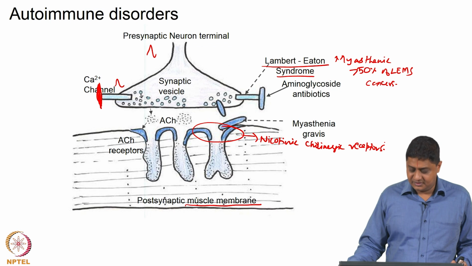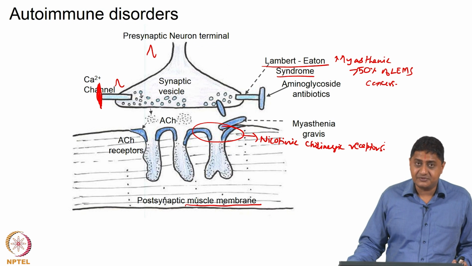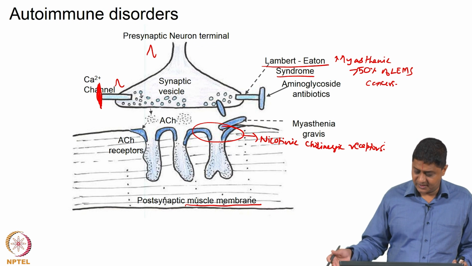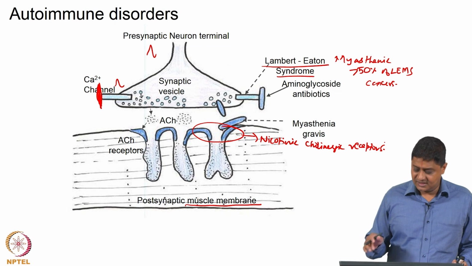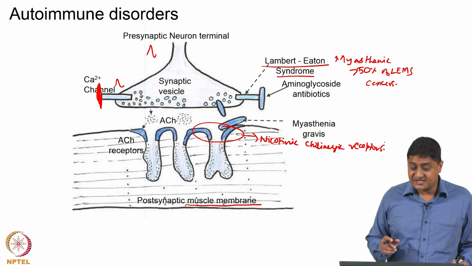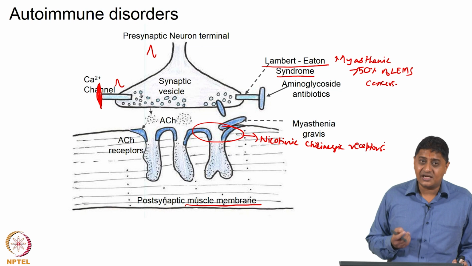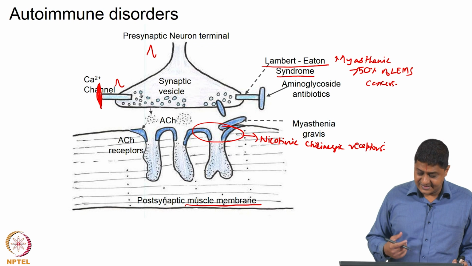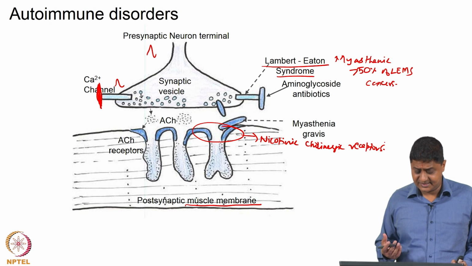So if the nicotinic cholinergic receptors are labeled as outside agents by the immune system for whatever reason, then the receptors and their functions are blocked. So acetylcholine released from the presynaptic terminal cannot attach to the receptor. When it is not able to attach, what happens? The sodium will not enter the postsynaptic muscle cell, thus causing weakness and paralysis.